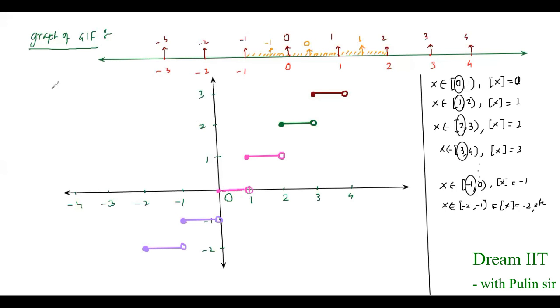This is also known as a step function, one of the step functions. It is not the only step function, there are many step functions. And to be more precise, you can write step up function, right? So this is what the graph of your greatest integer function is.